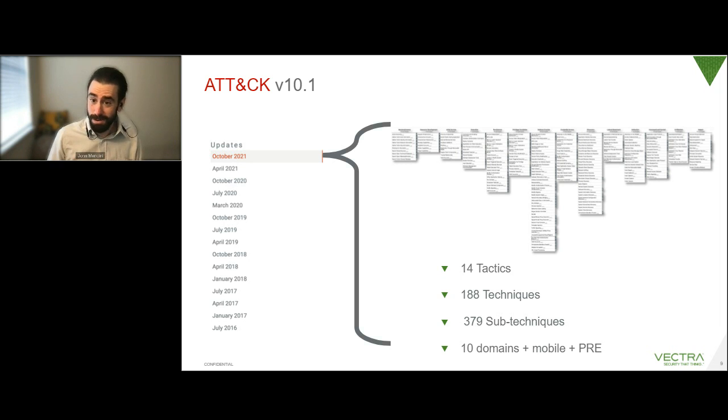There's 10 domains plus an additional completely separate view related to mobile and pre-attack scenarios. The 10 domains that exist today range from Windows to Mac to Linux into SaaS, Azure AD, Microsoft 365, Google Cloud, and IaaS.